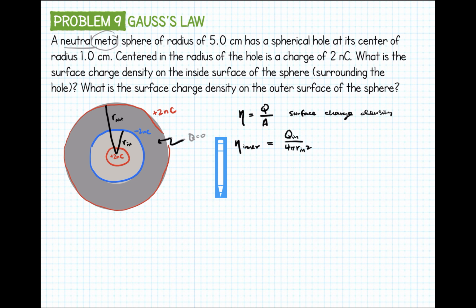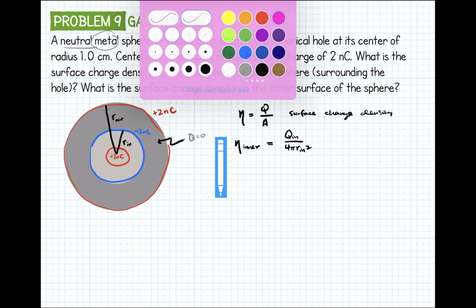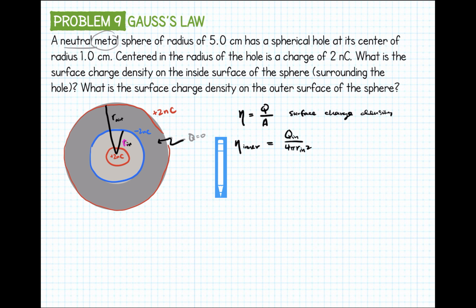Let me just sort of, so for r in, let's make that pink, right? That's this. And we know that the inner radius is 1 centimeter. Okay. So in order to do that, we just plug in our values.